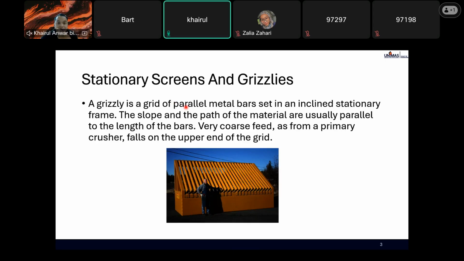The grizzly is a grid of parallel metal bars. This is a grizzly, that type of stationary screen. The slope and the path of the feed are usually parallel to the length of the bars.